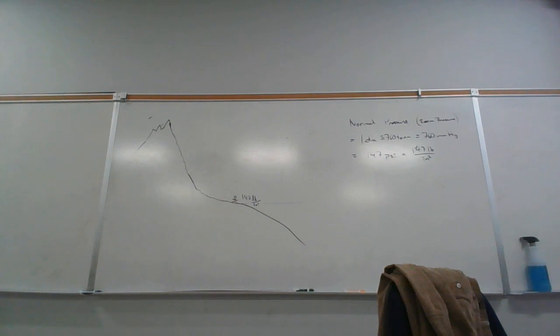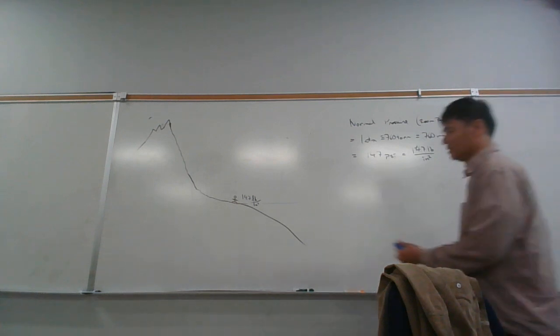Let's show you what it looks like. So here's the main peak, this Keeler Needle, this Day Needle. Trail goes back around this way. It's 14,505 feet elevation.